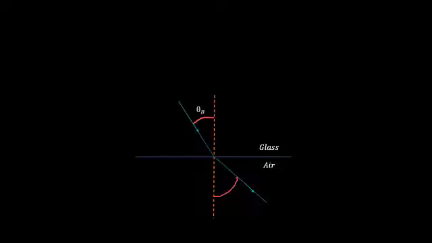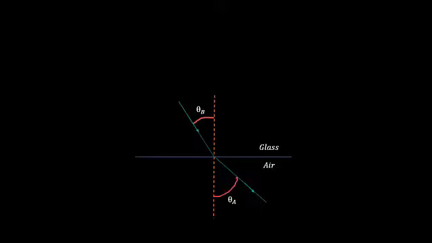Now, the angle between the incident ray and the normal, the angle of incidence, is denoted by theta b, and the angle between the refracted ray and the normal, that is the angle of refraction, is denoted by theta a.